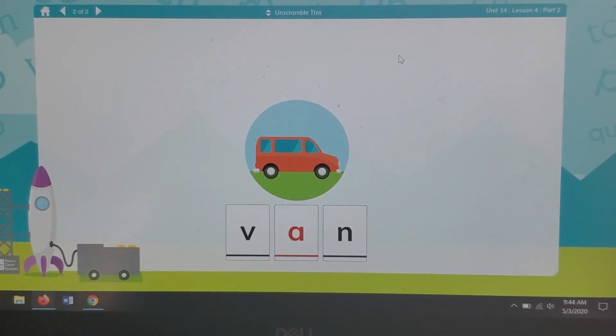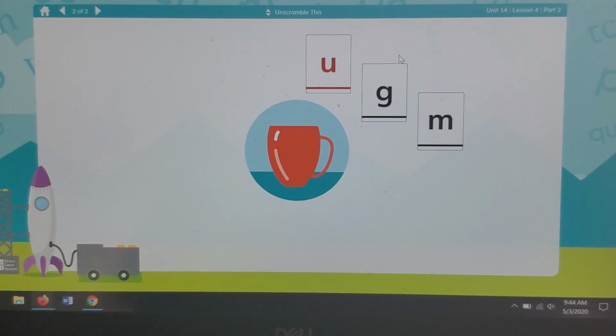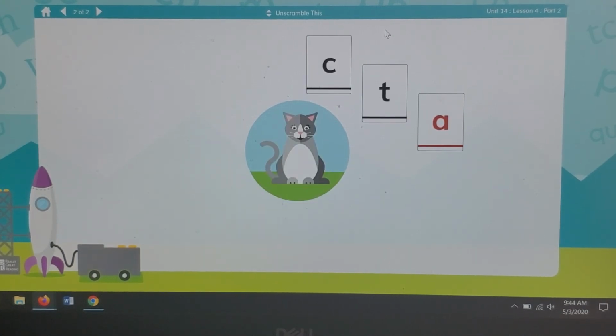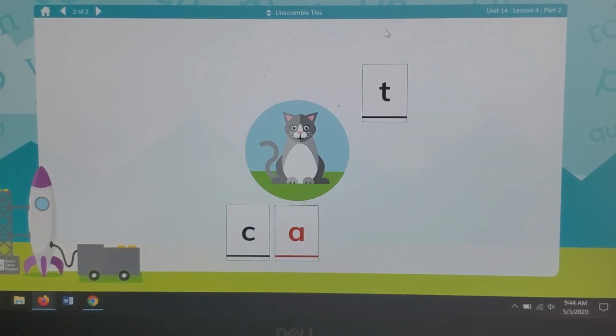Our next word is mug. Let's say the sounds as they fall down, please. M, u, g, mug. Cat. K, a, t, cat.